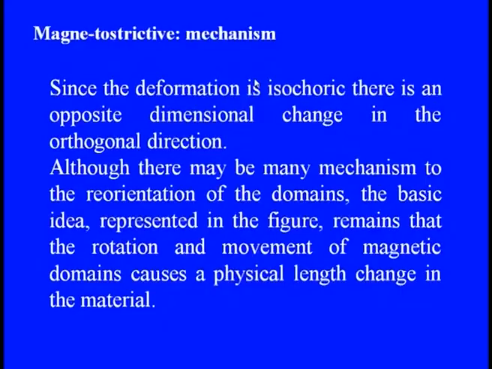So, we can justify the change in the shape of the domain either by the migration of the entire domain or by the rotation of the domain. Since the deformation is isochoric, the opposite dimensional change occurs in the orthogonal direction, because when we apply the magnetic field in a uniform environment, the deformation is always in the orthogonal direction.